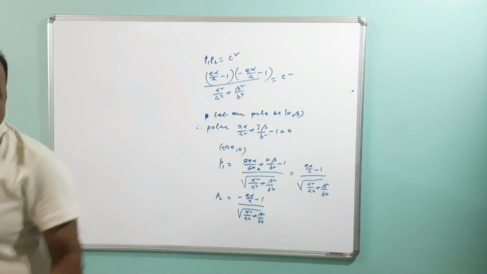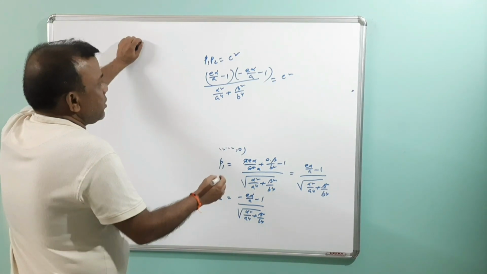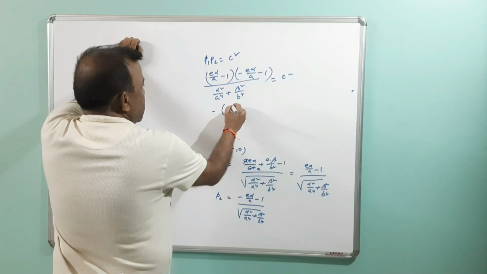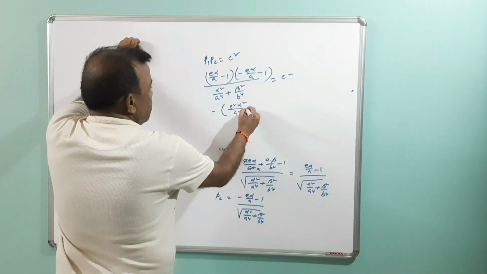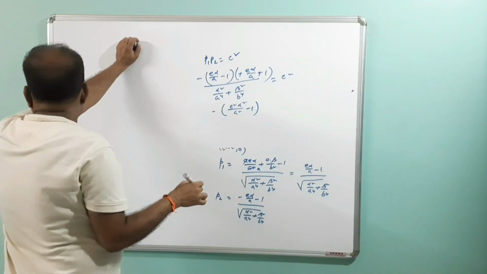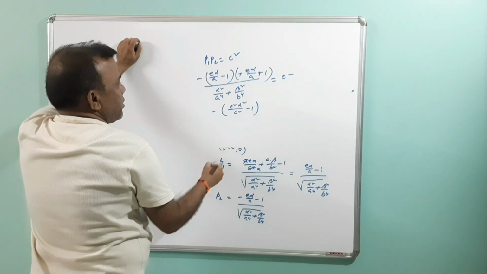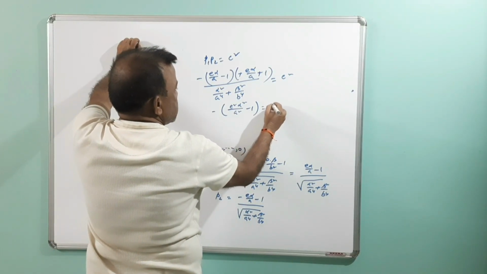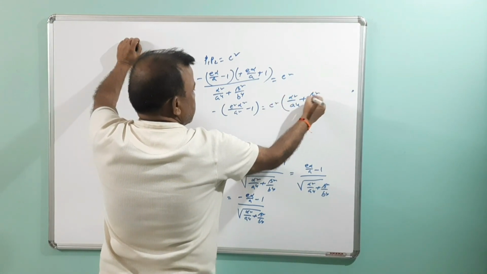Therefore, minus e square alpha square by a square minus 1, taking minus sign first of all as common from this one, then a plus b into a minus b, a square minus b square, okay, is equal to c square into alpha square by a to the power 4 plus beta square by b to the power 4.